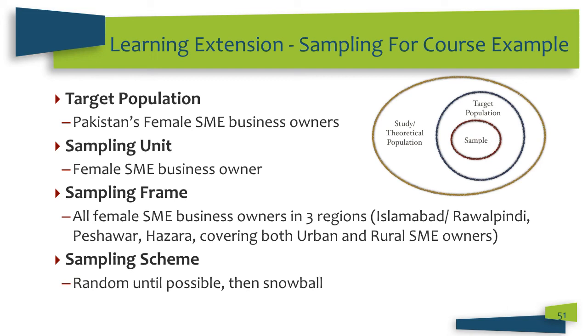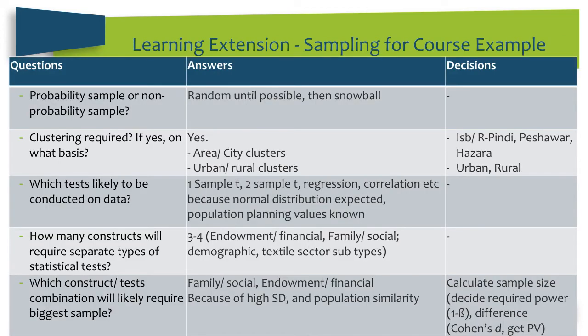But if a situation comes where I cannot get data from random women who are running textile businesses, then I'll start snowballing. I'll ask ladies to introduce me to other ladies who are doing this business. So this is textile SME owners.